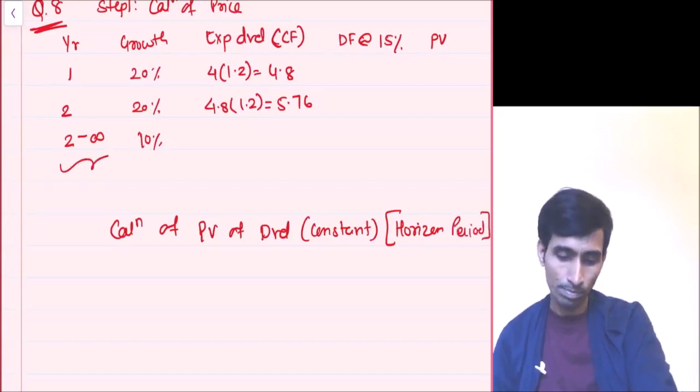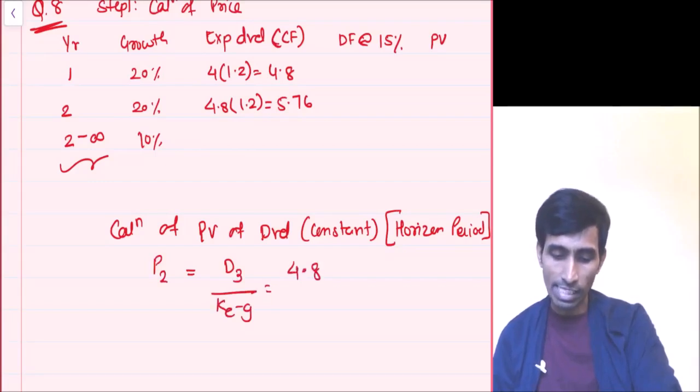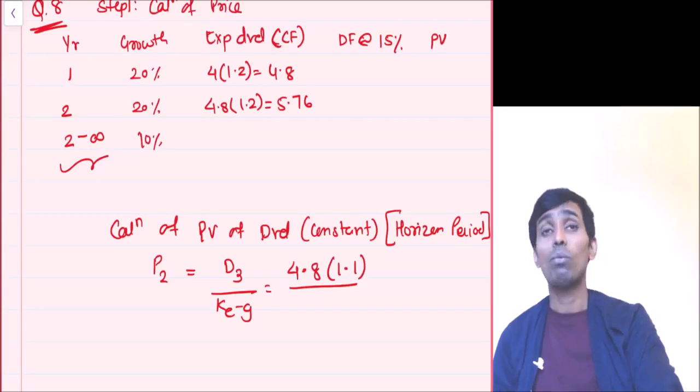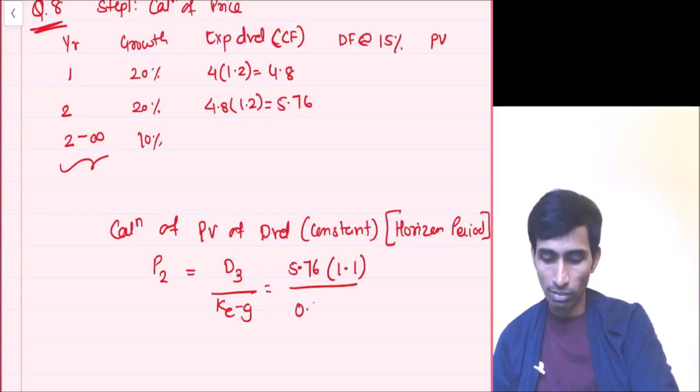Here I will apply Gordon's formula. If I have D3, I will get the price at the second year, one year back, upon KE minus G. In the second year the dividend is not 4.8, sorry, 5.76 is my dividend, but it is constantly going to grow by 10%, so I multiply 5.76 into 1.1, divided by KE 0.15 minus growth 0.1.